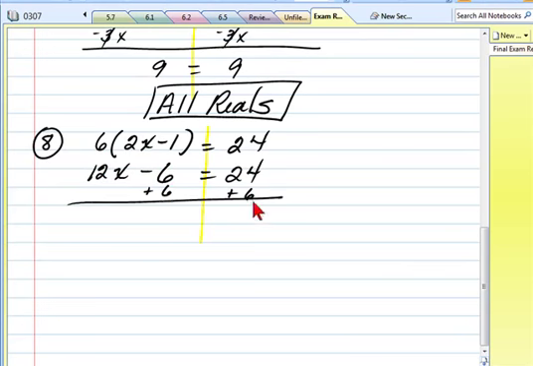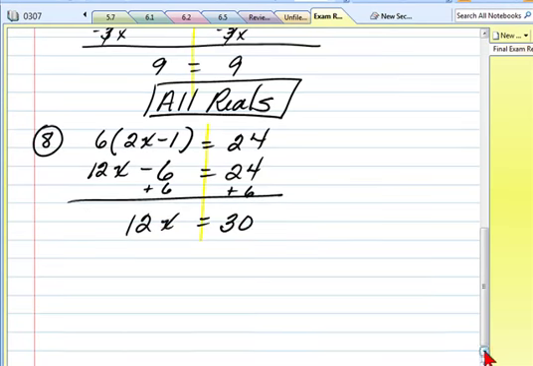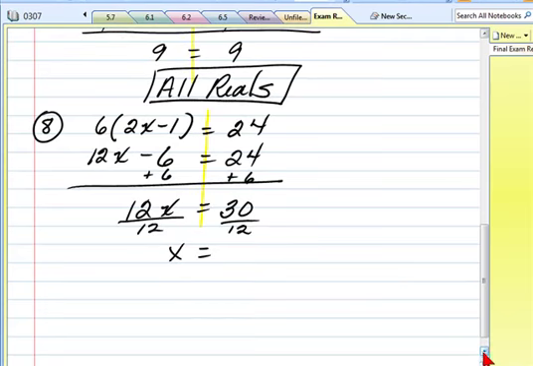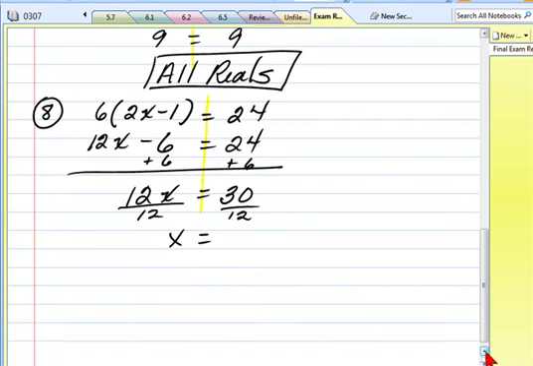I end up with 12x is equal to 30. What's my final step? Divide by 12. And it does not go in evenly, so all you need to do is reduce that fraction. What will go in to both 30 and 12? 6, okay. How about 5 over 2?